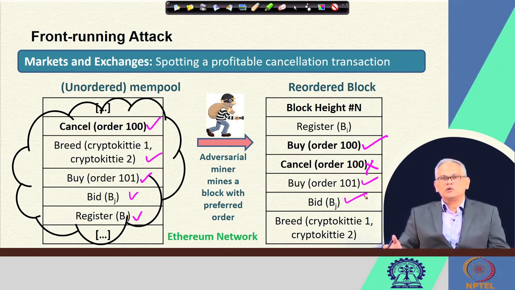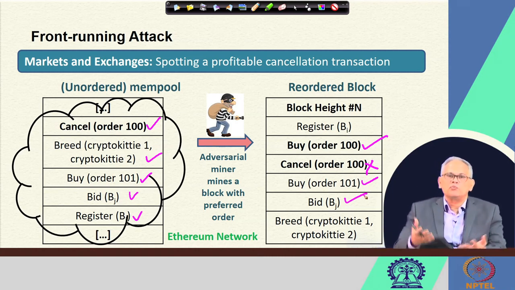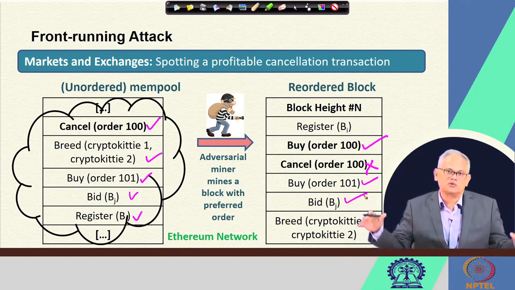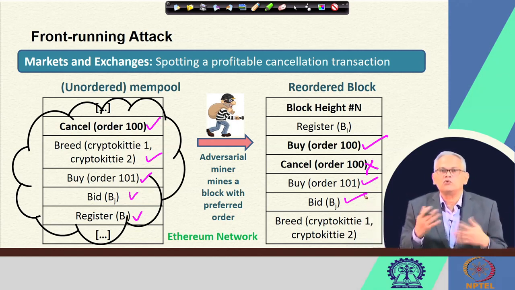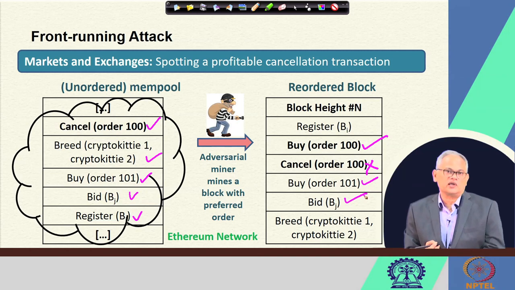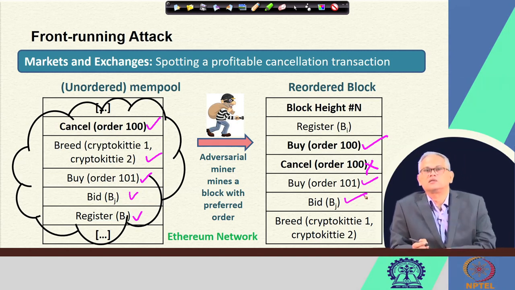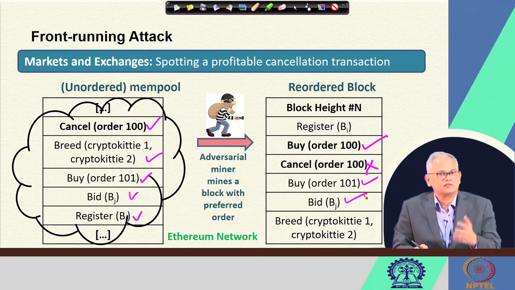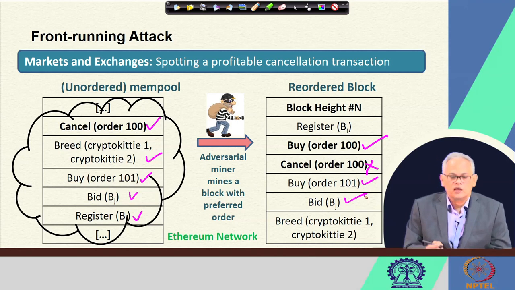So, because there is no central authority, if some attacker does this front running and you lose out, you cannot complain to anybody, and also because it is spread across the globe, it is not that one particular country's laws will be applicable. So, even if front running is done, there is no way you can come out of it and try to get some compensation. That is why it is easier to carry out such front running attacks in decentralized cryptocurrencies like Ethereum, Bitcoin or other such cryptocurrencies.